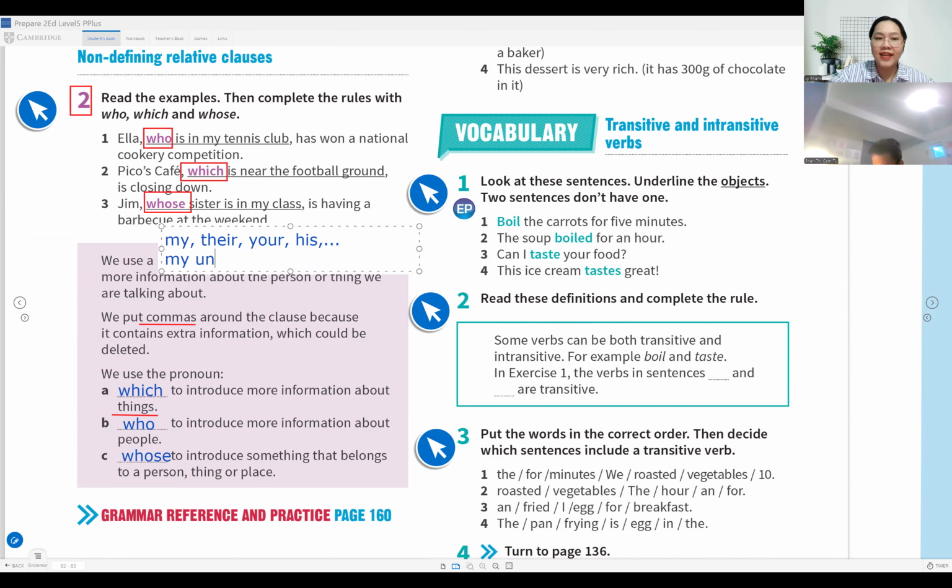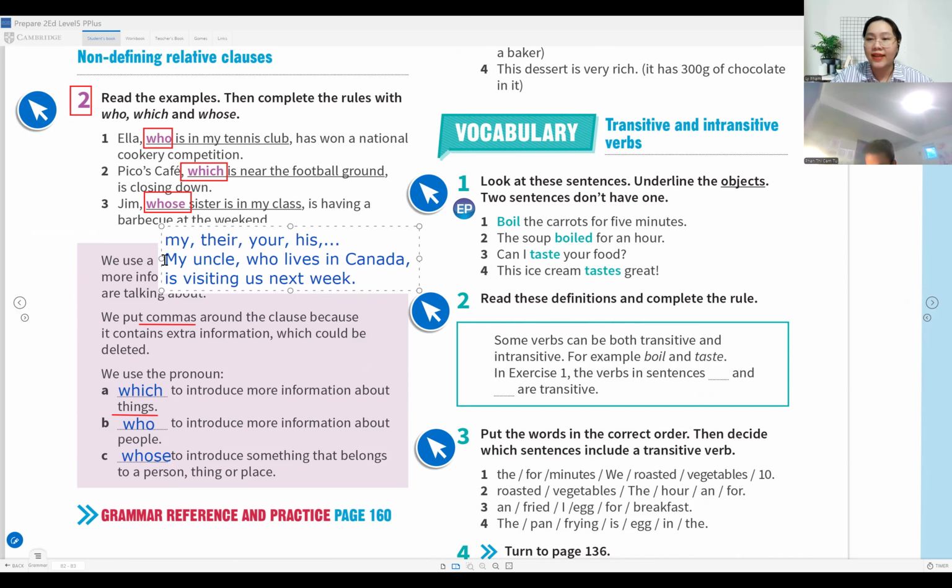Like I can say, my uncle, I am using the determiner, my uncle who lives in, just in my imagination, Canada, who lives in Canada is visiting us next week.